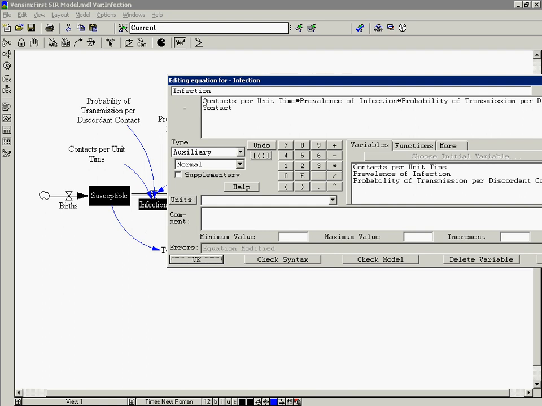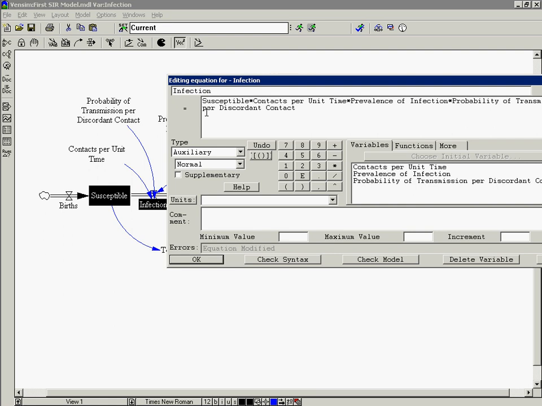Each susceptible has a 1% chance right now per day of getting infected, and there's 100 susceptibles on average. There'll be 1 per day that gets infected. Does that make sense? There's 10,000 susceptibles, and they have a 1% chance each of getting infected. On average, 100 of them per day are going to get infected. Does that make sense?